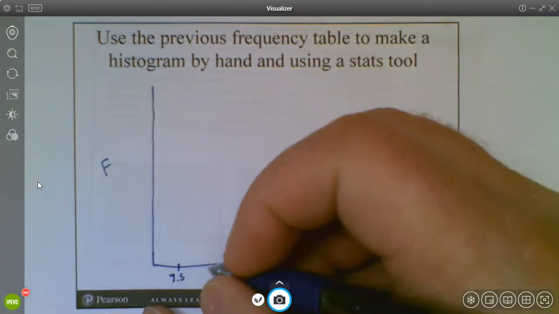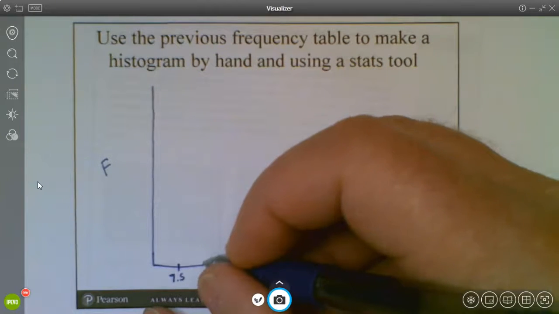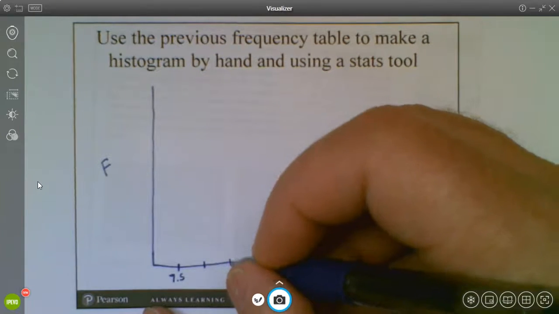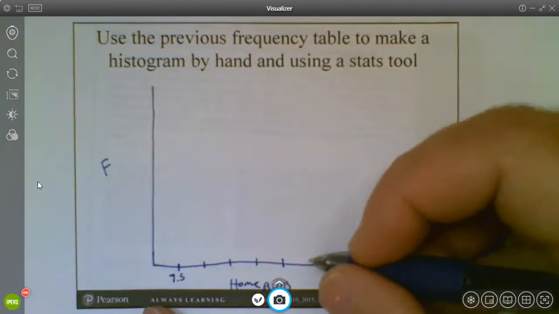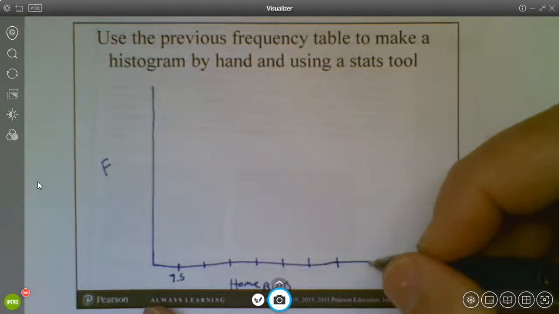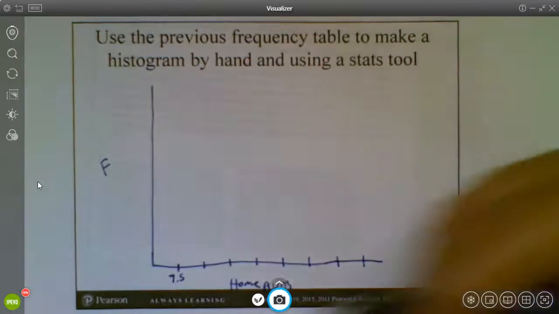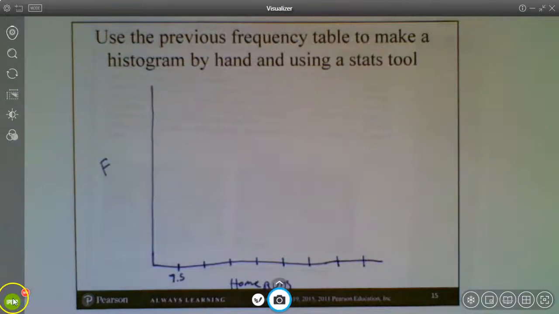And then we're going to make one for 19.5. So let's see, that's going to be 19.5, 29.5, 39, 49, 59, 69, 79. Okay, so 9.5, let me just label those real quick.